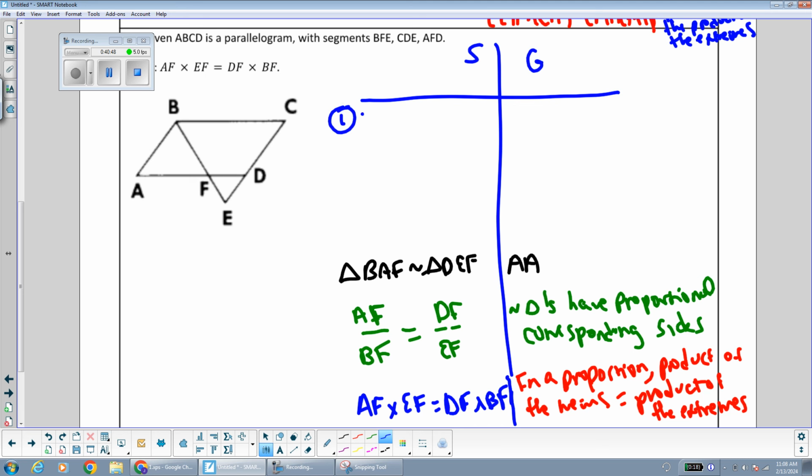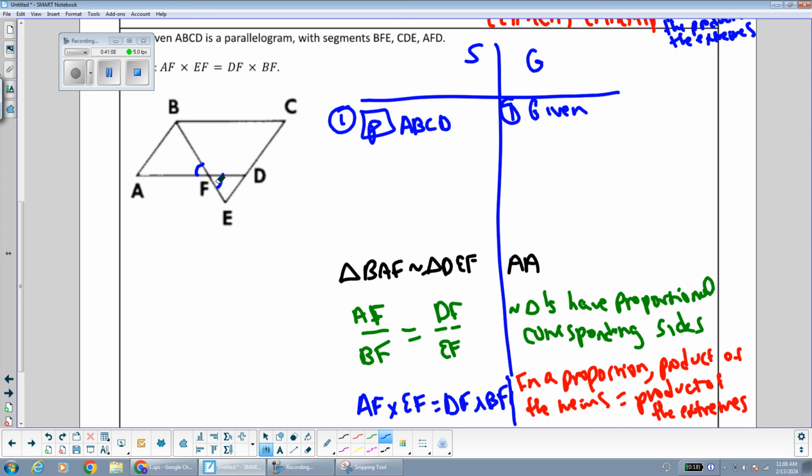Now let's look at the givens. We have parallelogram ABCD. So I know a lot of stuff about ABCD because I know it's a parallelogram. So I got to think about what's going to help me get AA. First, I see my vertical angles. Remember, always look out for your vertical angles.